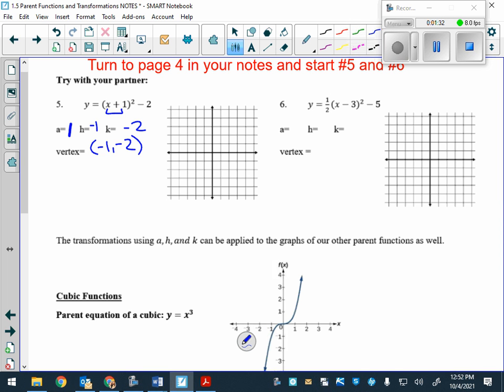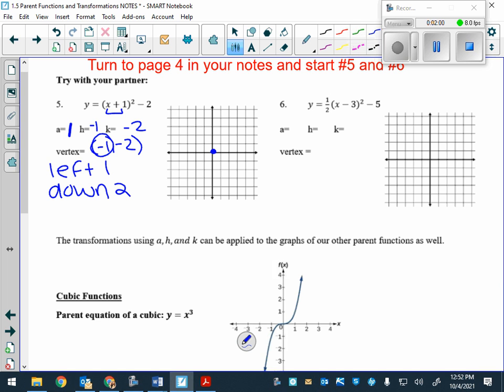Am I going up, down, left, right, reflected, stretch, or compression? Not for quadratics. Left 1, down 2. Okay. The left is because of our -1. Down 2 is because of the -2.